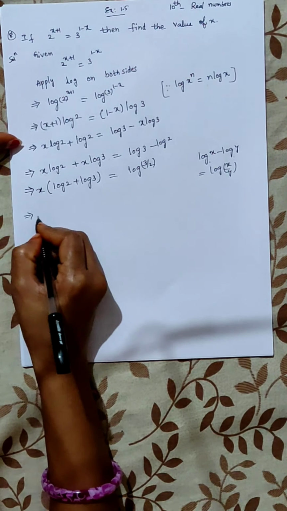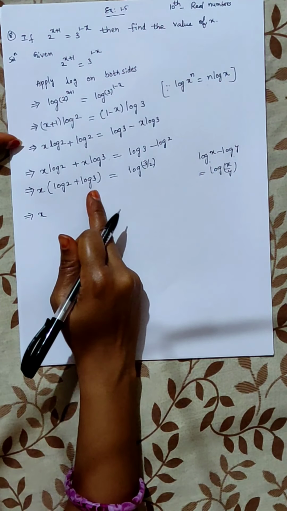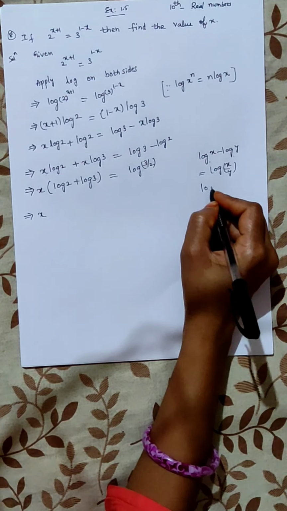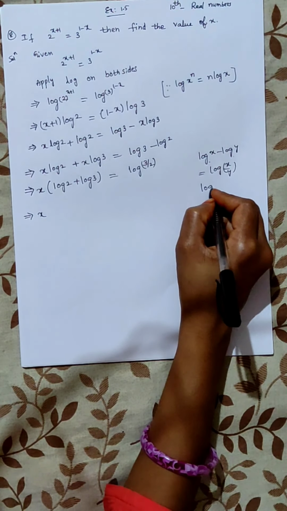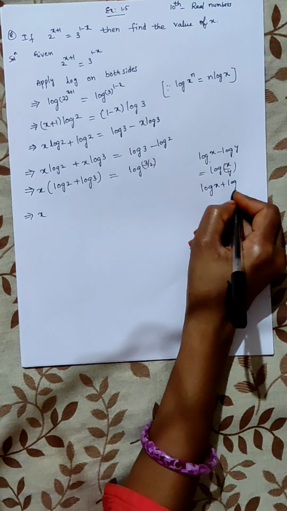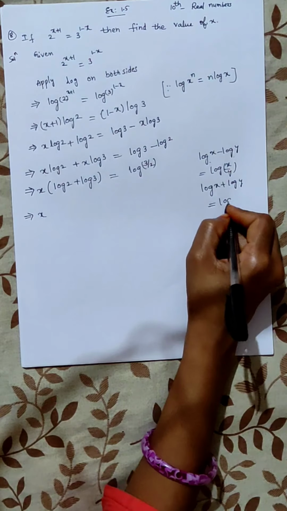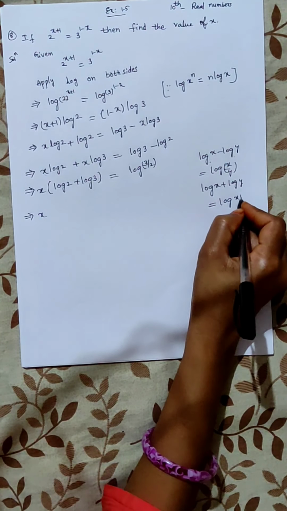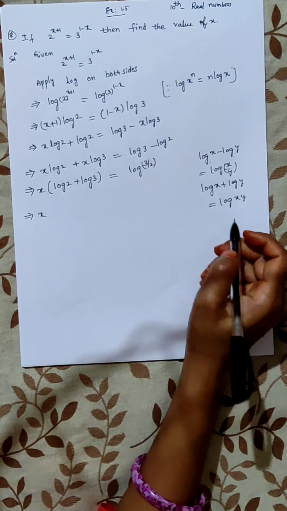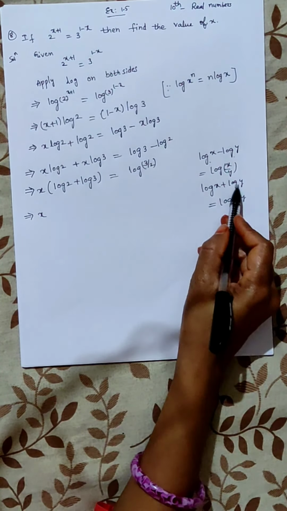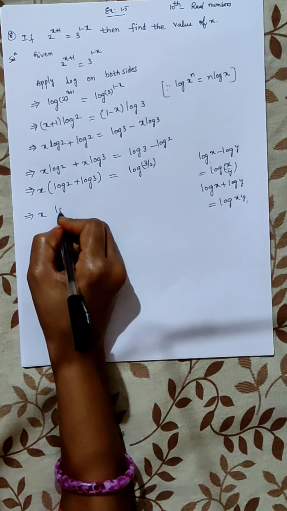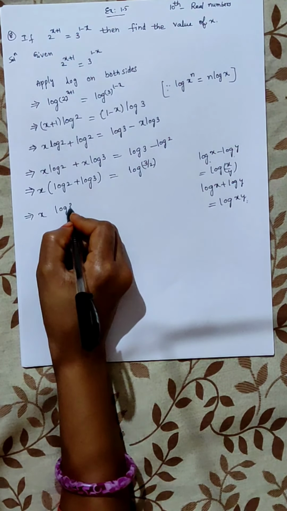See here, x into (log 2 plus log 3). By using the product rule, what is the product rule? The sum of logarithms will be the logarithm of the product. So log x plus log y equals log x into y, means xy. Here, instead of x we have 2, instead of y we have 3. So log 2 into 3.